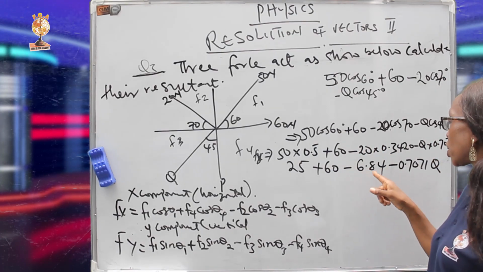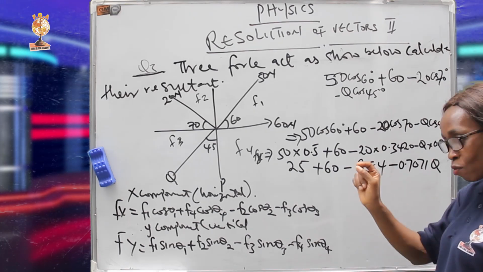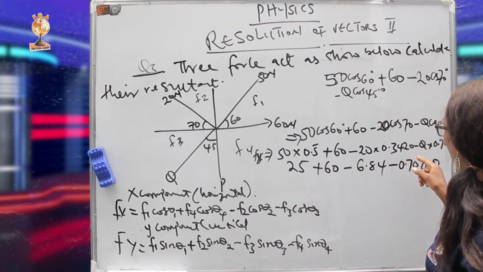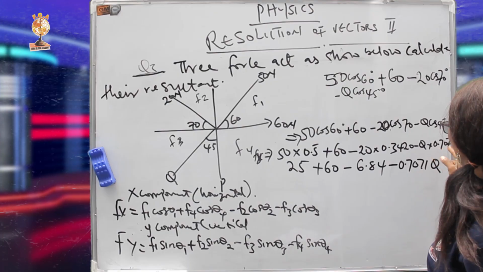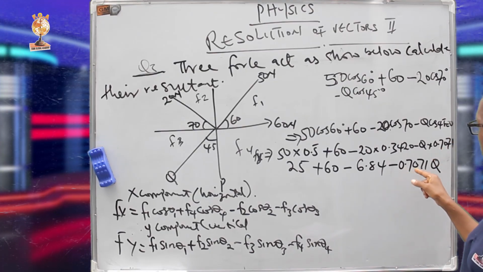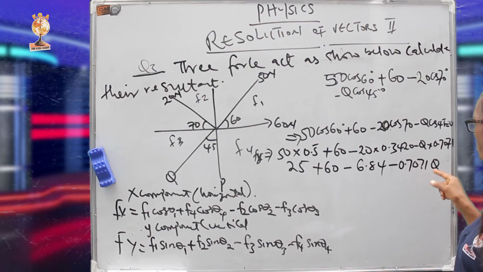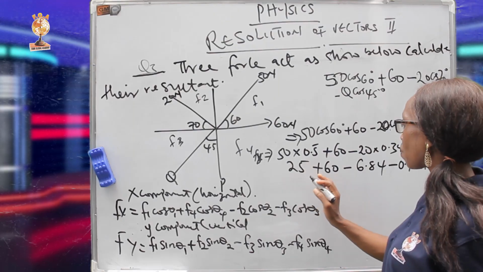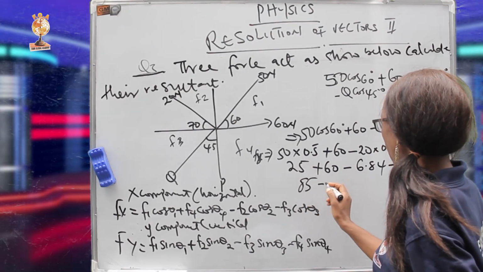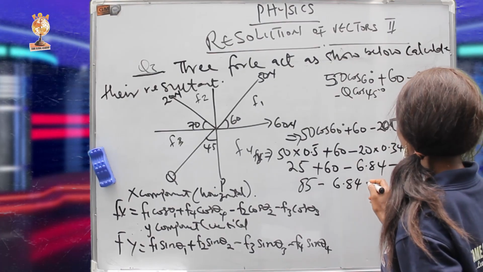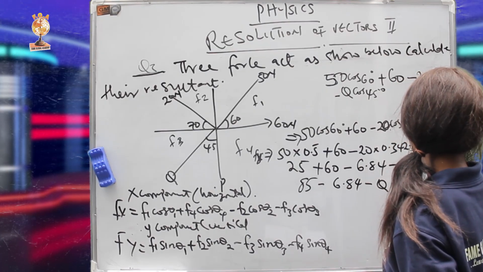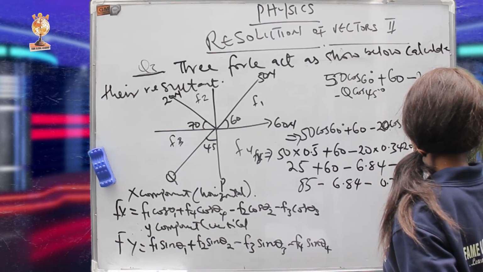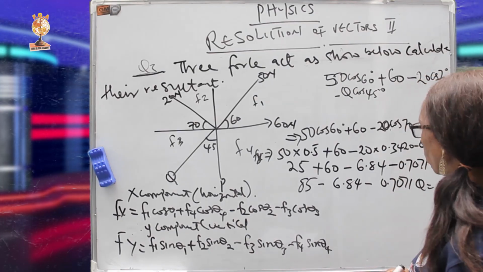You can multiply with your hand, you can also multiply with your calculator, depending on what you are comfortable with. And then q times 0.7071 becomes 0.7071 q, because q is multiplying this. Now, 60 plus 25 gives you 85, minus 6.84, minus 0.7071 q, all equal to 0.